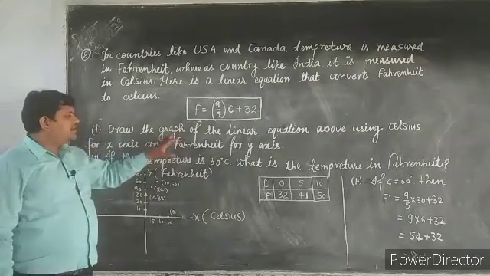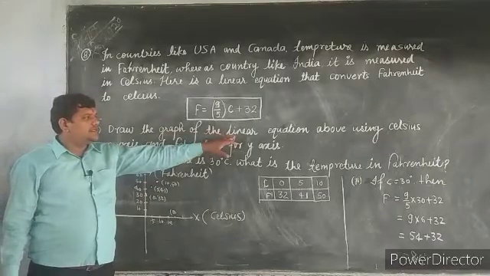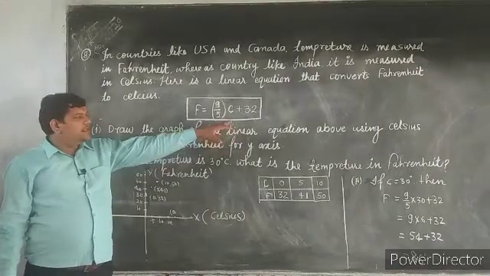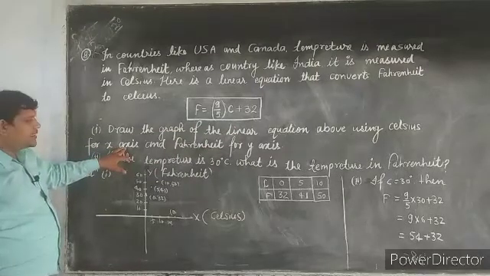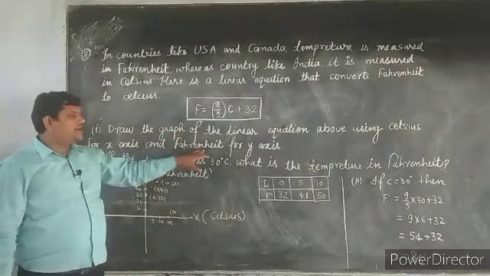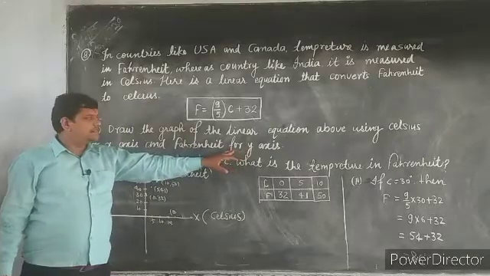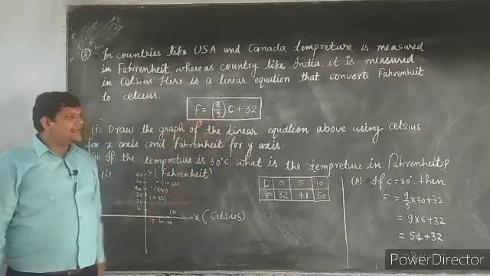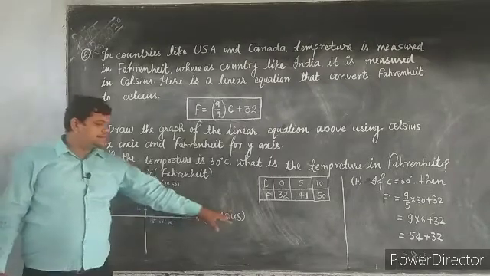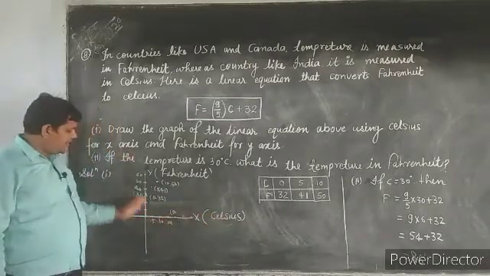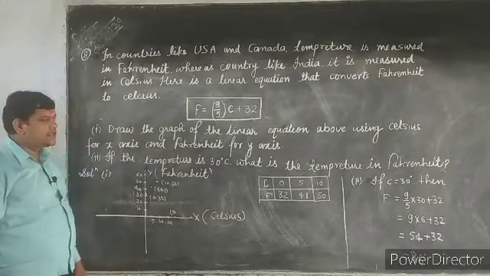So your first question is, draw the graph of the linear equation above using Celsius for x-axis and Fahrenheit for y-axis. It means you have to show Celsius on x-axis and Fahrenheit on y-axis.